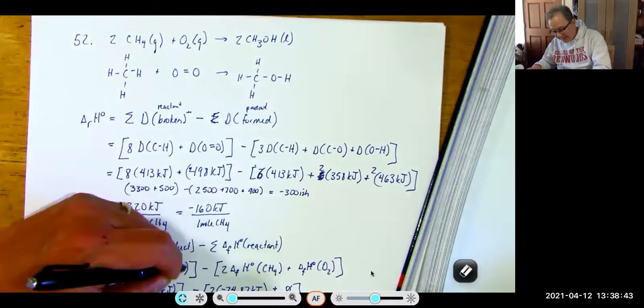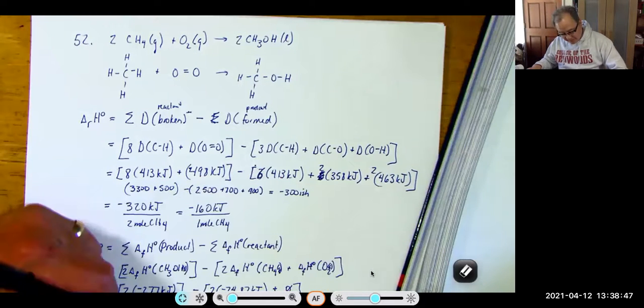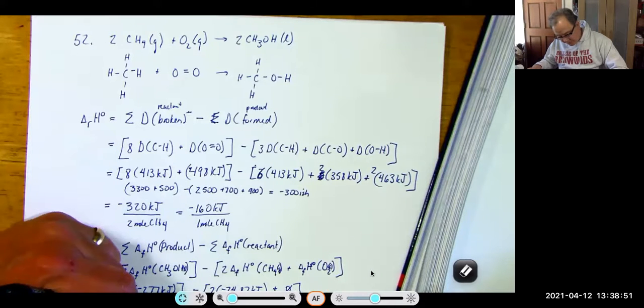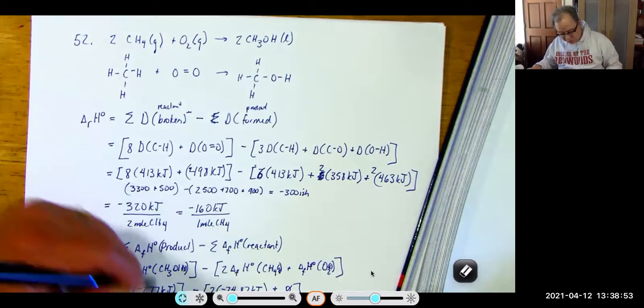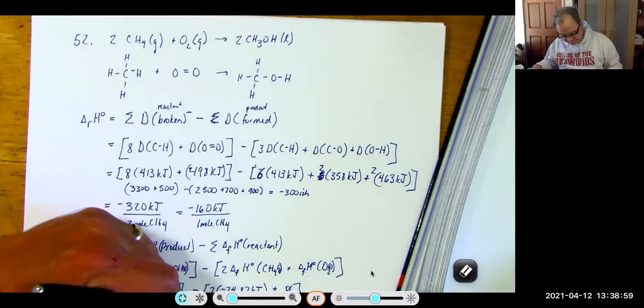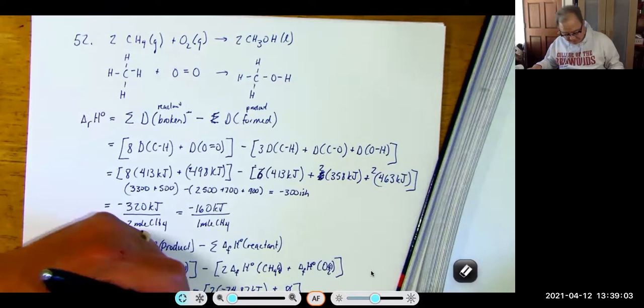Liquid, gas, gas. And I think this one ended up being minus 327.4 kilojoules or something like that. This is ish.